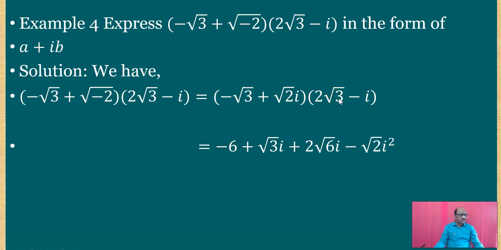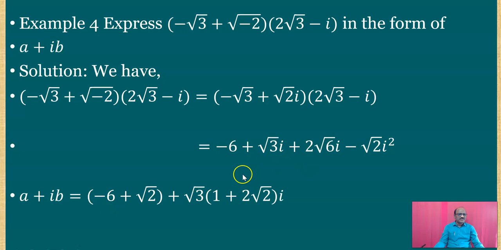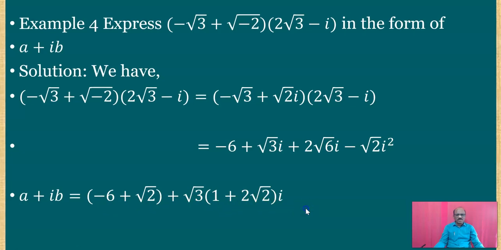That is 3, and 3 into 2 becomes 6. Next is -√3 and -i, that is √3 i. And what about the multiplication of these two? That is 2, √2 into √3, that is √6 i. And the last is √2 i into -i. Then overall you will get -√2 i². Therefore a + ib is equal to -6. If you simplify this, then you will get -6 + √2 + √3(1 + 2√2) i.